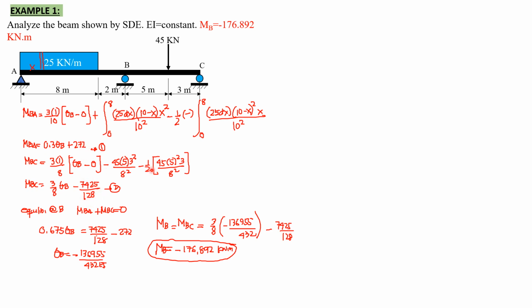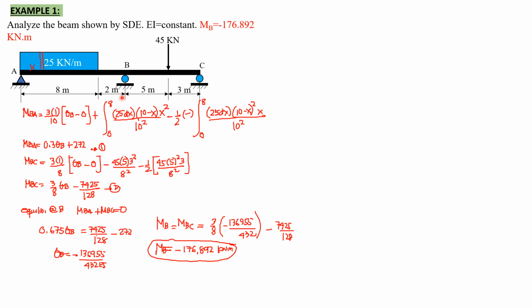The result is transposed to the right, which becomes 7425 over 128 minus 272. And theta B can now be computed. It is negative 1369.55 over 432 EI. There is EI here because we assumed EI to be 1 there. This is the exact value because we write it in fraction.